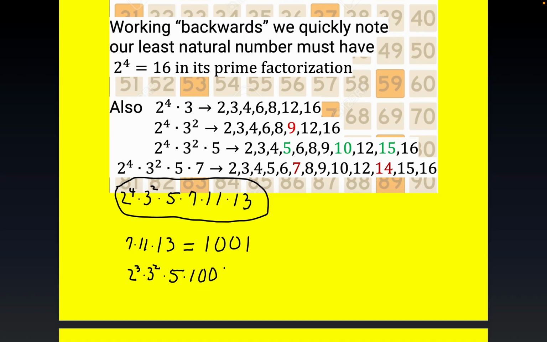Now, what's really cool about this is this 2 cubed times 3 squared, 8 times 9, that's 72. What does this particular product give you? Then you multiply by 5, and what does that give you?